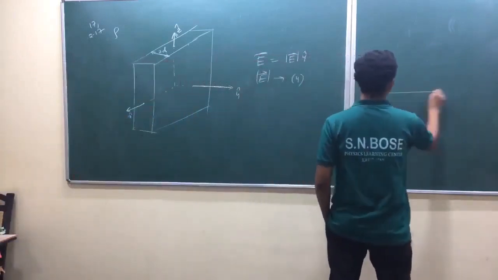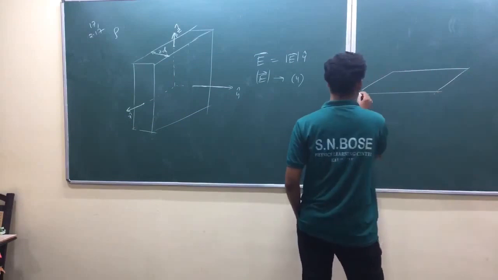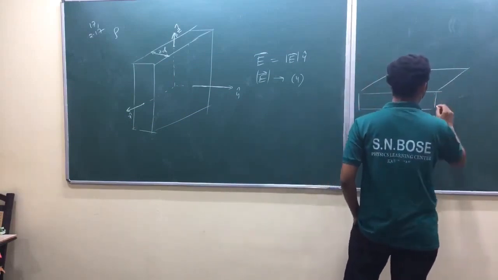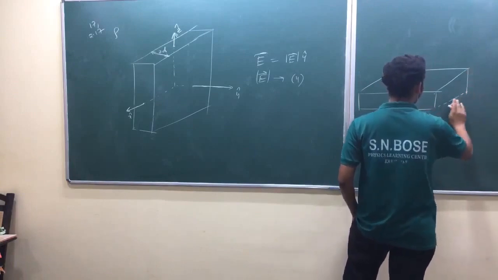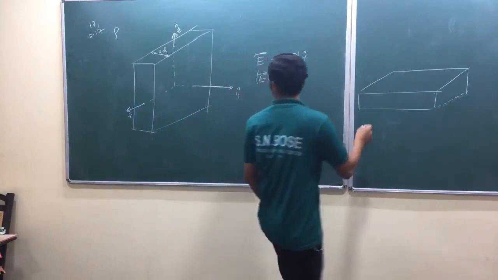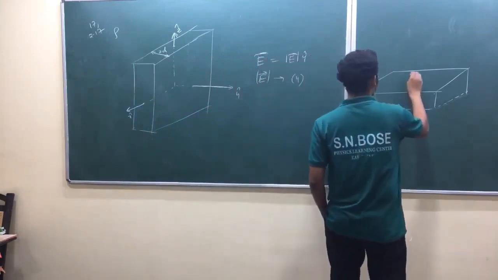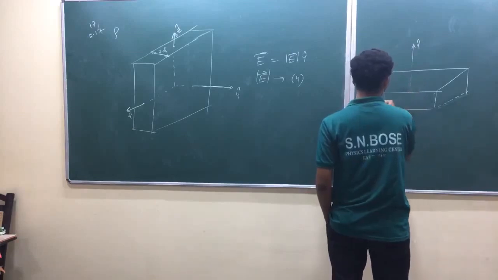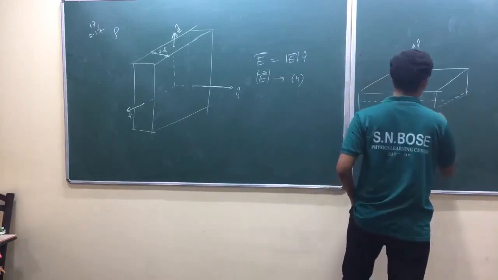Now let me just take it like this. I have a slab here. I don't know how he has done that one, but let me do it my way. This is your y axis, this is your y cap. Somewhere here inside, it is exactly cut like this.